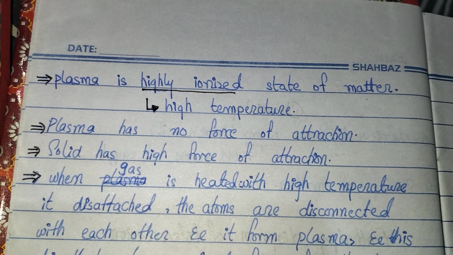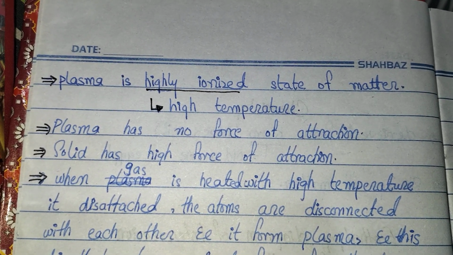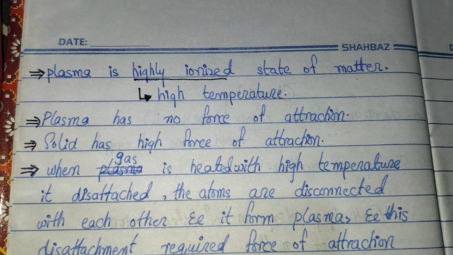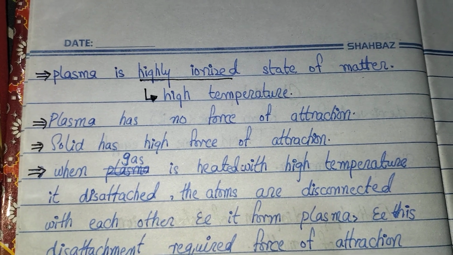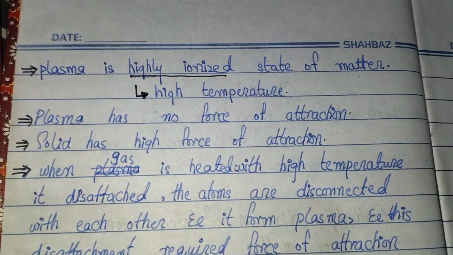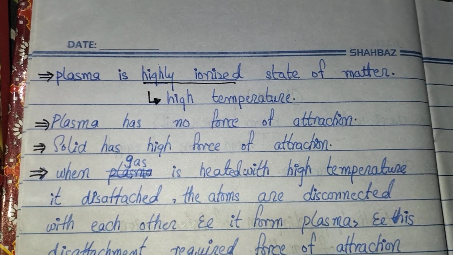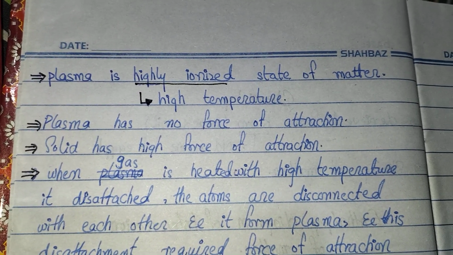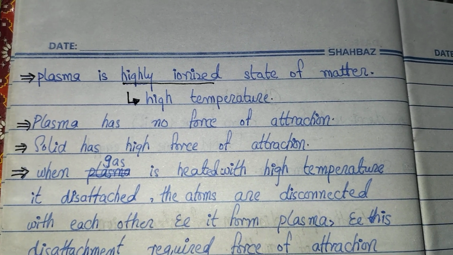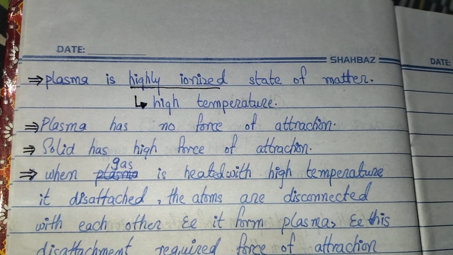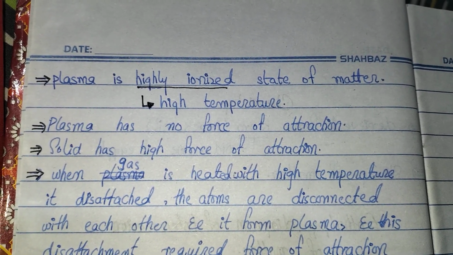Now here we will see some major points. The first point is that plasma is a highly ionized state of matter, and it requires high temperature. Plasma has no force of attraction, whereas solid has a high force of attraction.